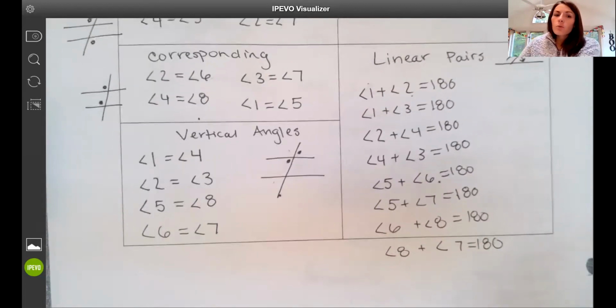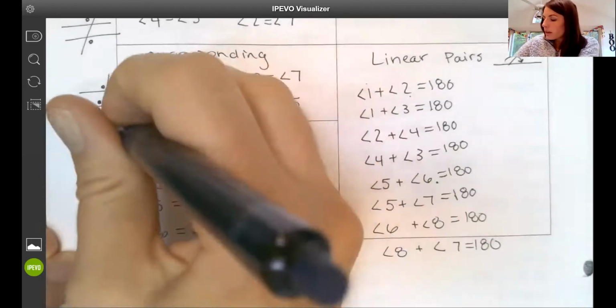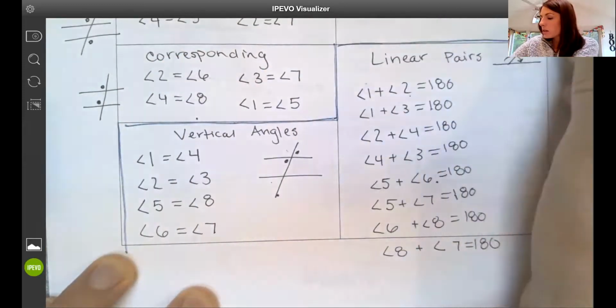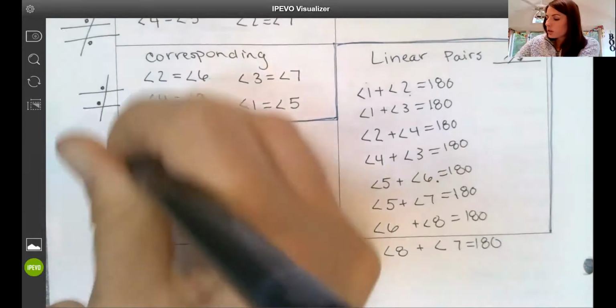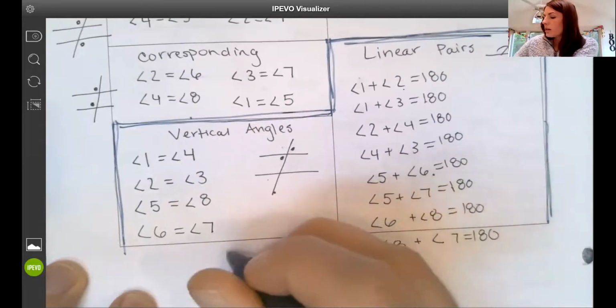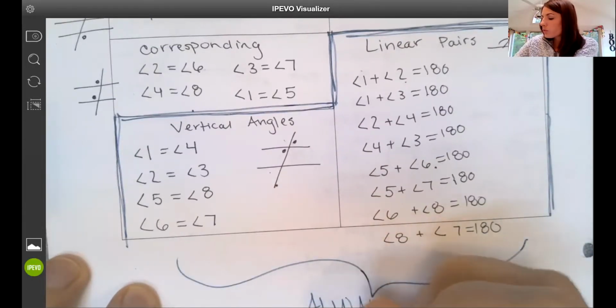Okay, so what I want to point out now is that these bottom boxes here, I try to separate them a little bit. This stuff is always true.